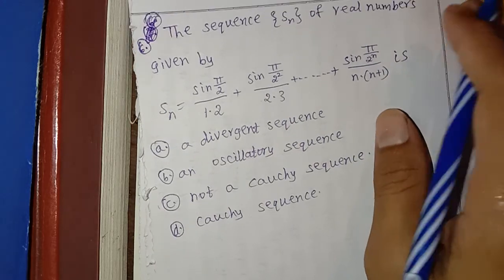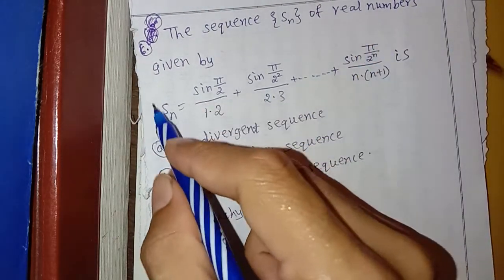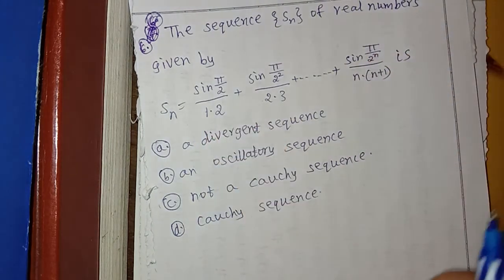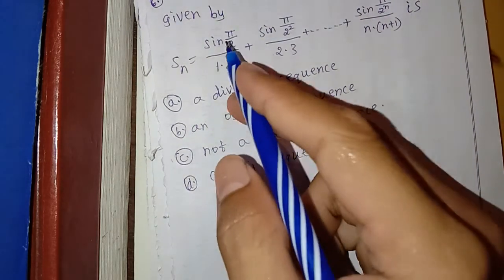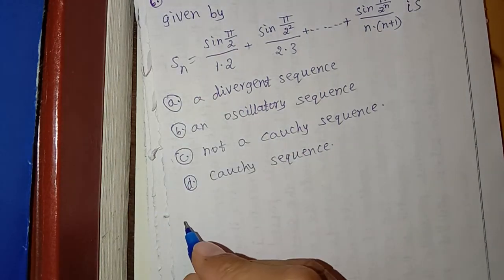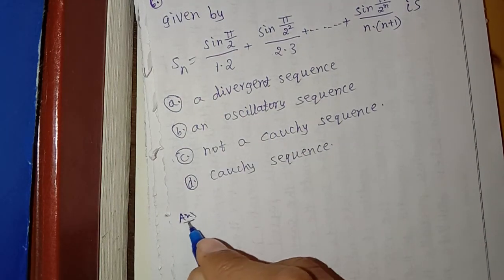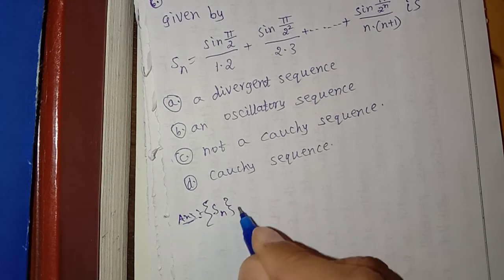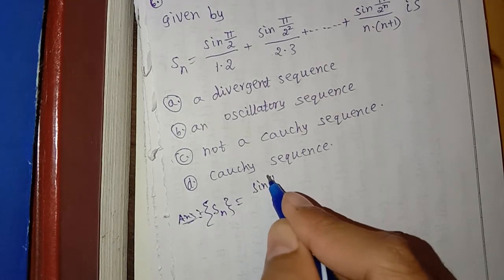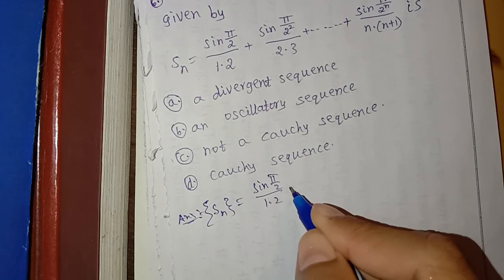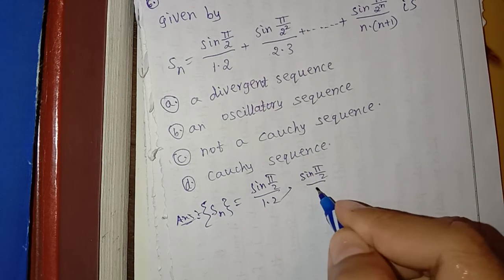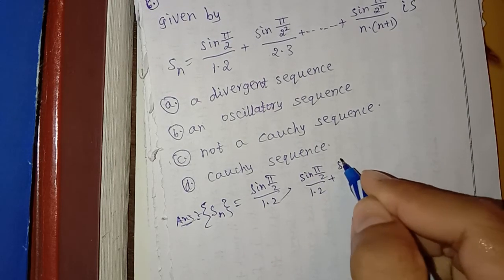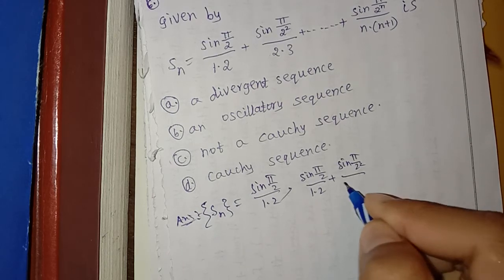We can assume that the nth term belongs to one series. This is a sequence of partial sums of some series. What is the first term? Sin pi by 2 over 1 into 2. The next term is sin pi by 2 over 1 into 2 plus sin pi by 2 squared over 2 into 3.